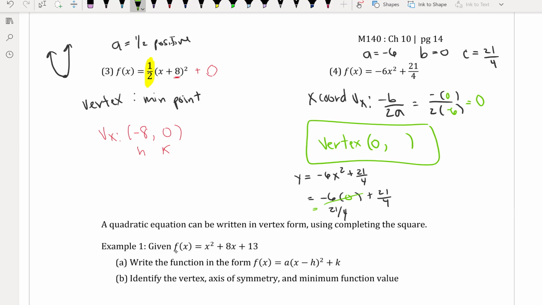So I'm going to have my 21/4 as the y coordinate of the vertex. And since my a value here is negative, then I know I have a negative parabola. So I know my vertex is going to be a maximum point. Okay.